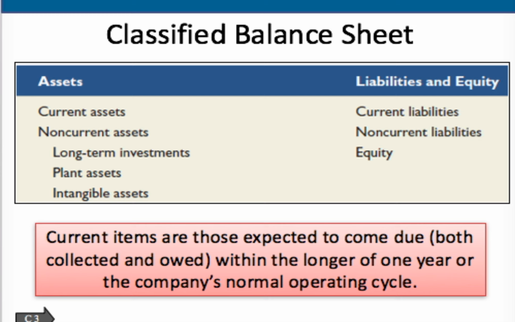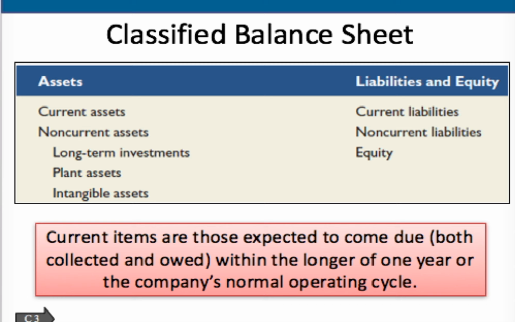So some companies, an operating cycle is just the time it takes to acquire inventory, sell the inventory, and collect cash. So for most companies, this cycle happens many times during a year. But there are some companies that produce assets that are maybe really expensive, like, for instance, big passenger airplanes.